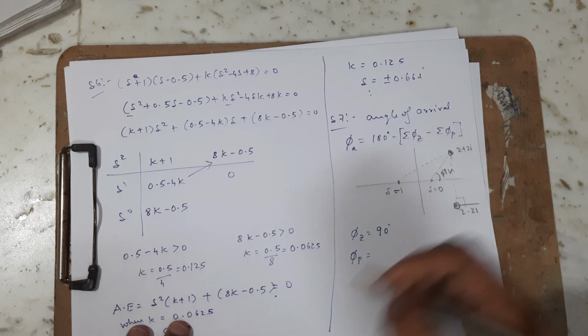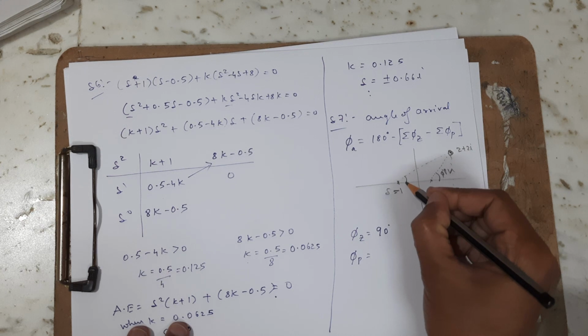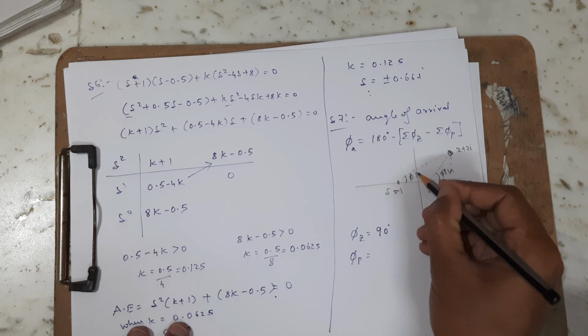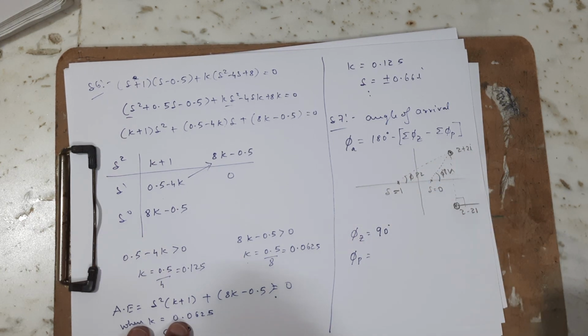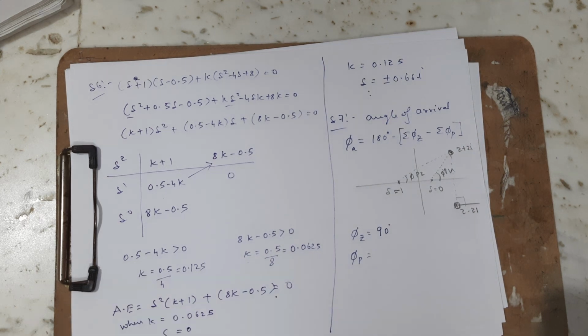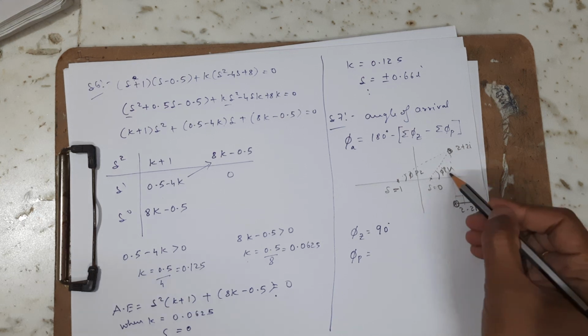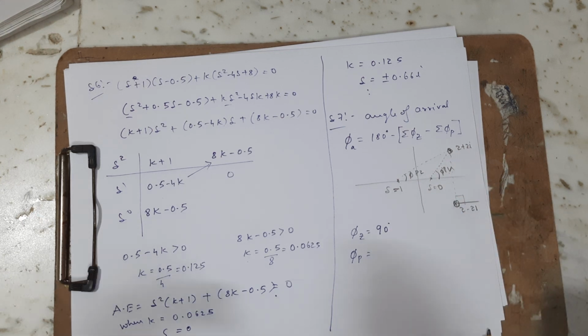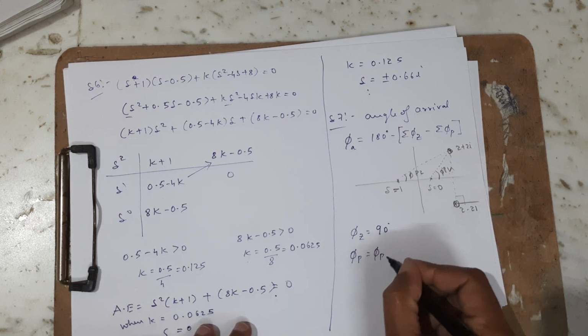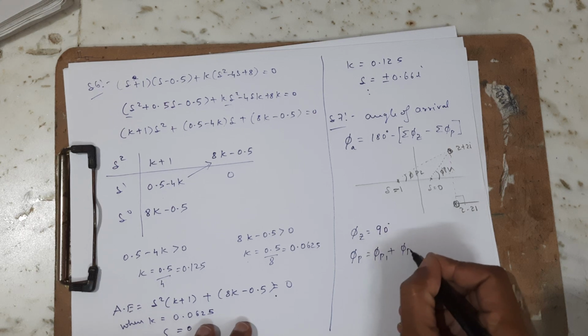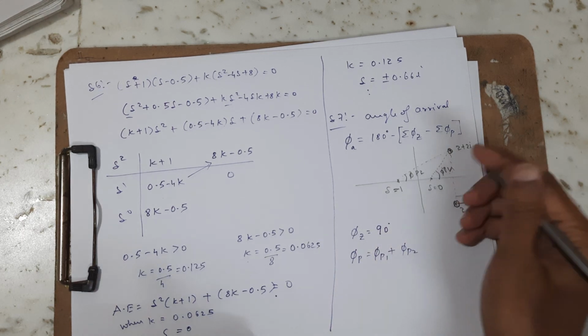I am going to draw a line from here to here. This is phi p2. So phi p is equal to phi p1 plus phi p2. I need to find phi p1 and phi p2.